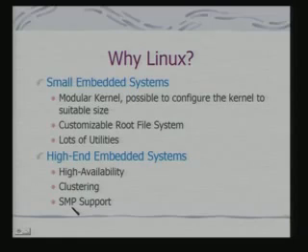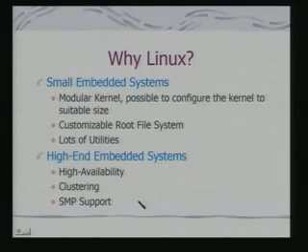Also there is clustering, the ability to cluster multiple systems, and symmetric multiprocessing support. If you have multiple processors, you can use them through this OS. These are primarily high-end applications. If you are looking at more complex computations, then only these issues become important.